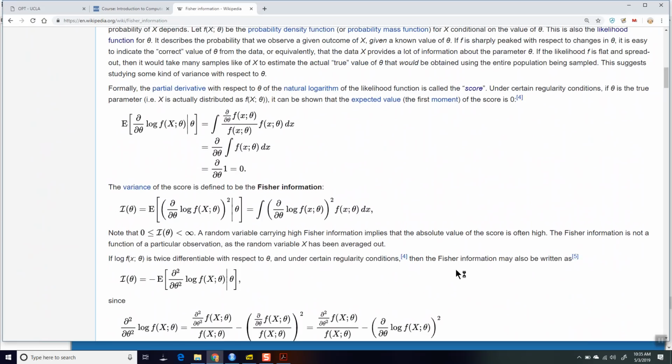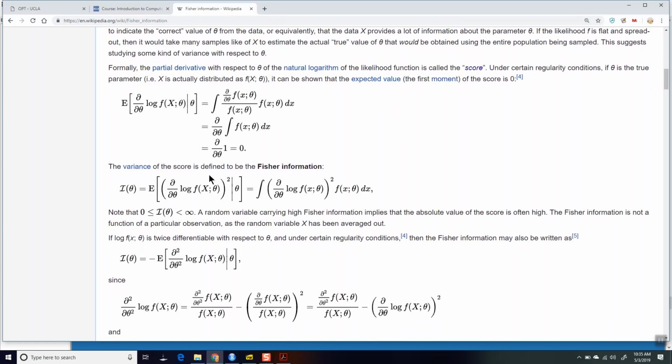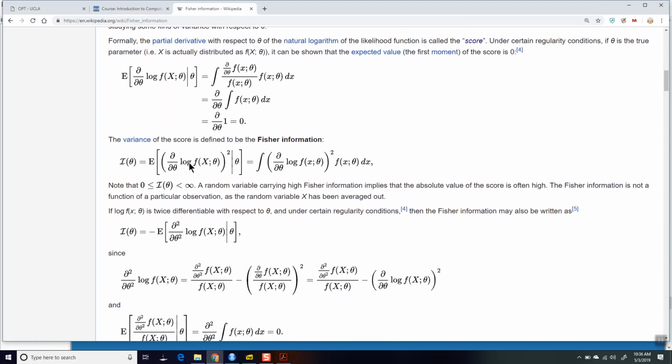So yes, the original definition is the variance of the score, right? And the score is the first derivative of the log likelihood, and then the variance of that is this. And let me think.